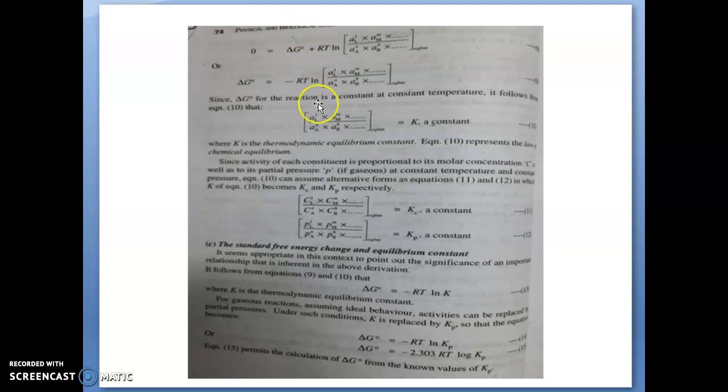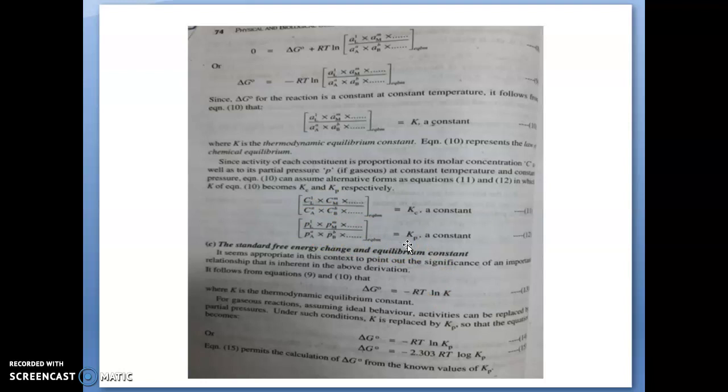So delta G0 is equal to minus RT ln K, where K is the equilibrium constant. If it is in activity, it will be Ka. If it is in concentration, it will be Kc. If it is in pressure, it will be Kp.